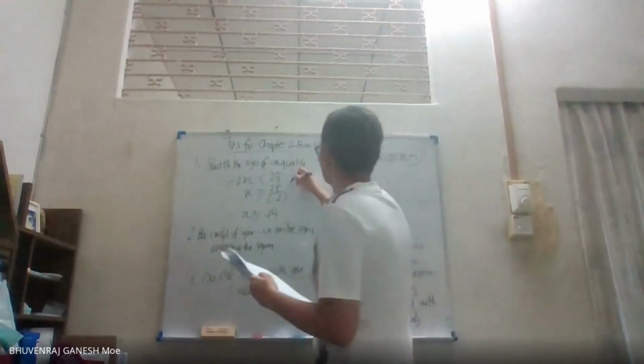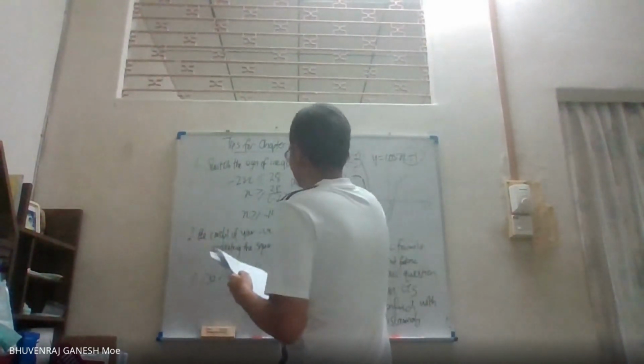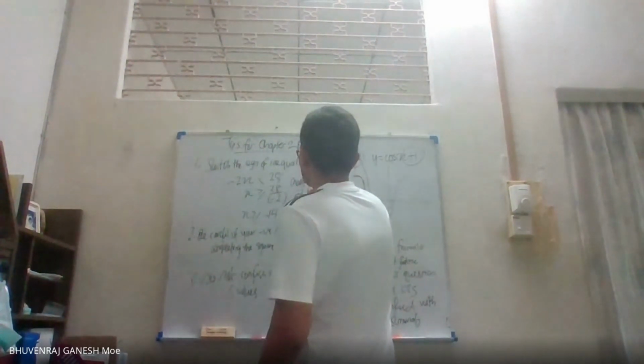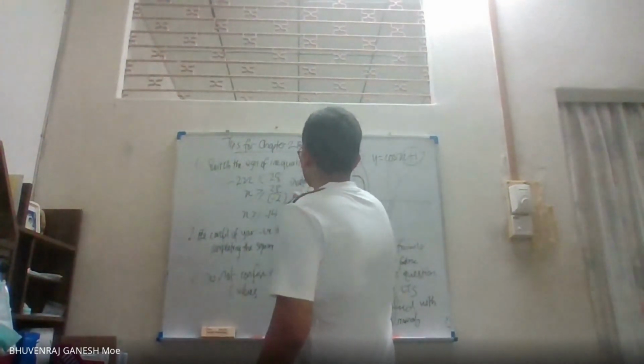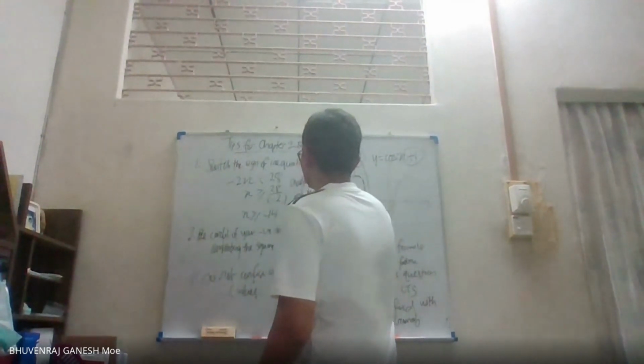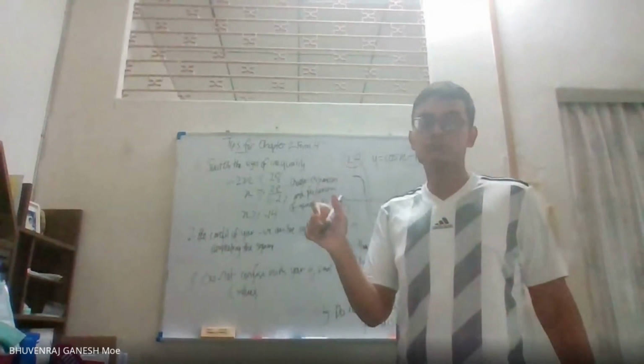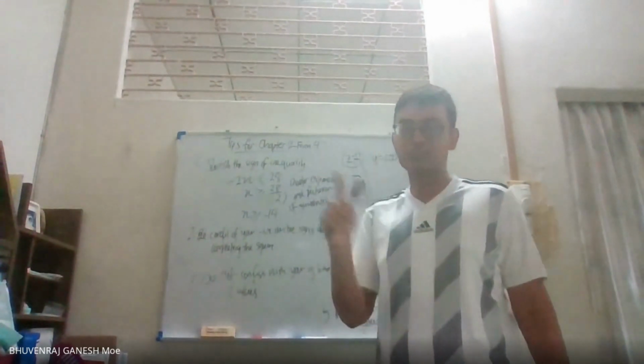Okay, master your expansion and factorization of quadratics. It means you must know the method. Usually in a quadratic you have something squared, right? If you cannot see it directly, make sure you expand it one by one.